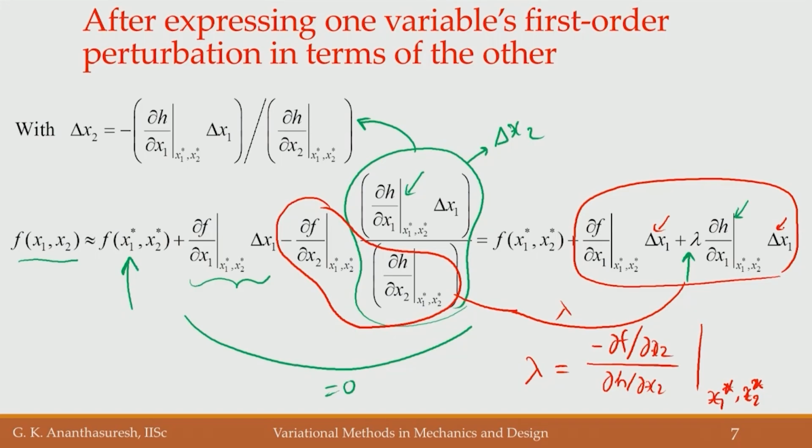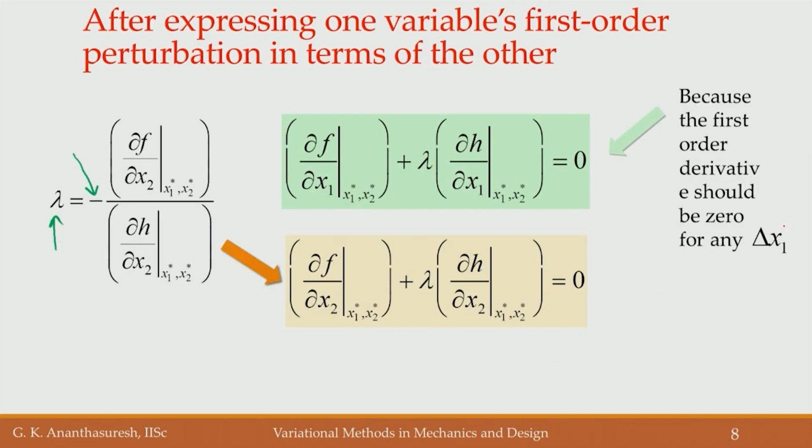So, what we get here is that dou f by dou x1 plus lambda times dou h by dou x1 equal to 0, that is what we have shown there, the previous one. But the way we have defined lambda over here, that leads to this equation.